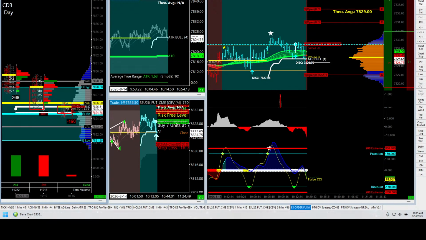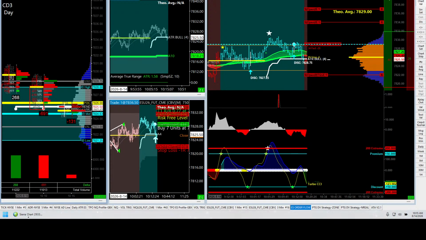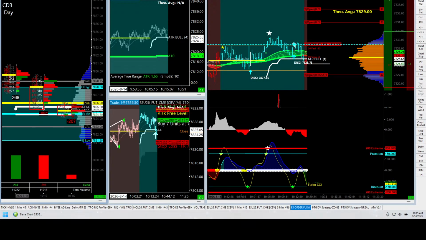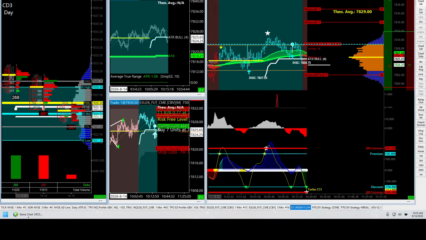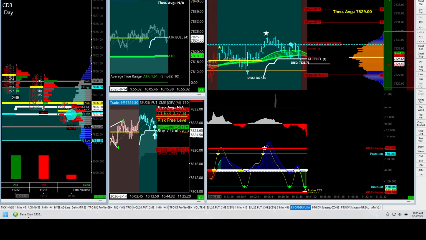First pullback, take trade. Purple 5. Cycle lower.